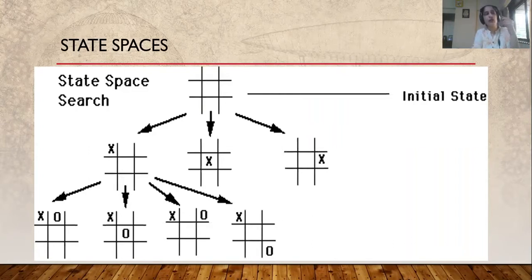When you talk about the state space of any AI agent, or anything that you want to make work, state space is nothing but all the different possibilities of that particular application, or that particular scenario in which the AI agent is going to work.